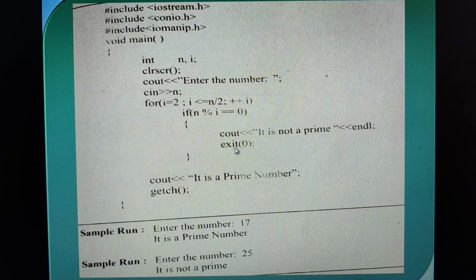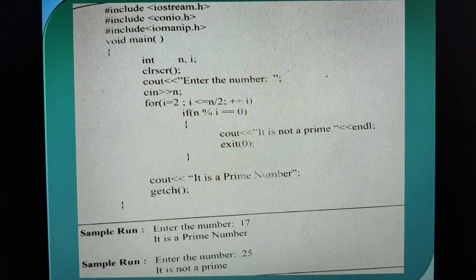When it encounters exit of 0, what is the main functionality of exit? It abruptly or immediately terminates the execution of the entire program. Automatically the control comes out of the program. It will immediately terminate the execution.